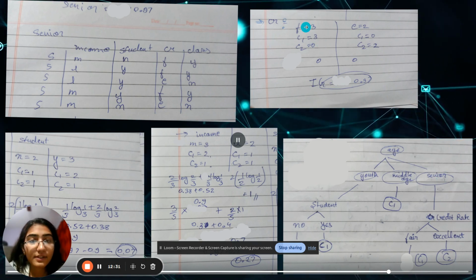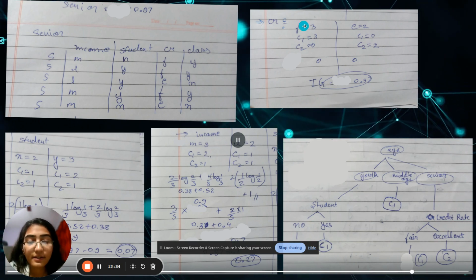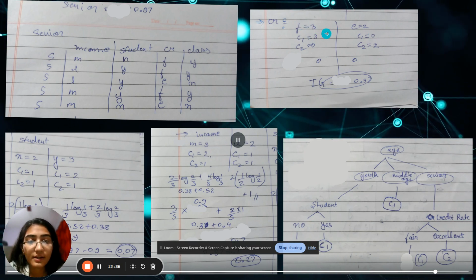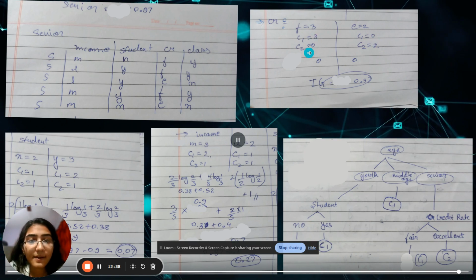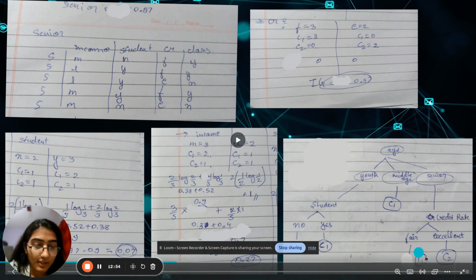But if we see in credit rate for fair and excellent, as we can see, if a credit rate is fair, then there is only C1. If it is excellent, then there is only C2. There is no C1. So if it is fair, then class will be C1, and if it is excellent, then class will be C2. In this way, we have completed our decision tree for information gain.